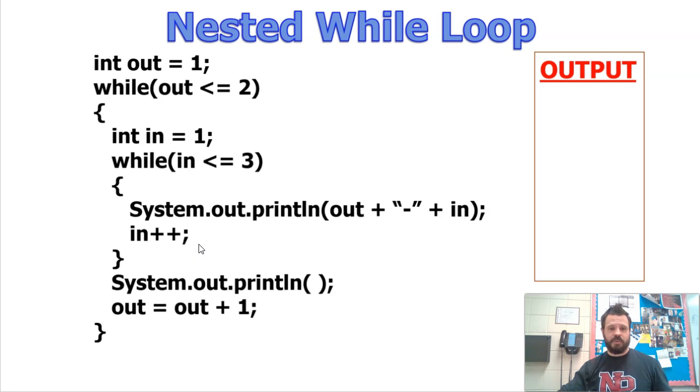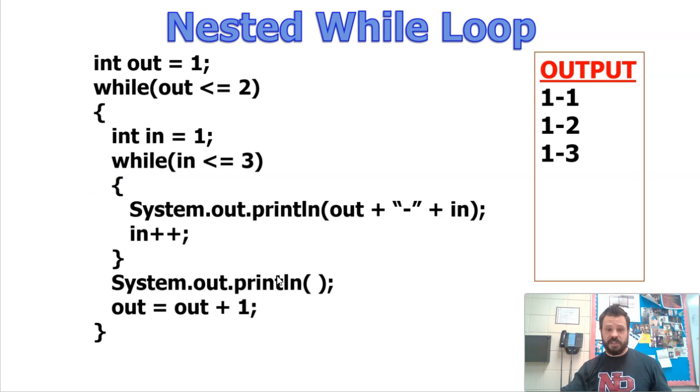So what is this going to produce? Well, when out is 1, we should get a 1 dash 1, 2, 3. Let's run through that. Right now I'm going through the first lap through the outer loop. First time through the inner loop, we'll get the 1-1, followed by the 1-2, then the 1-3. That's it for this inner loop.